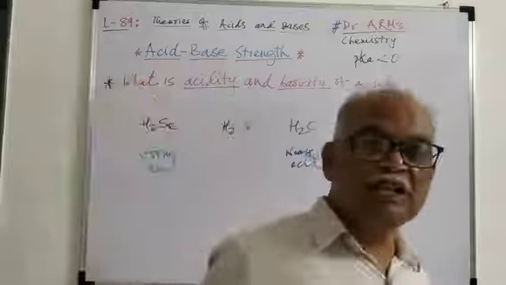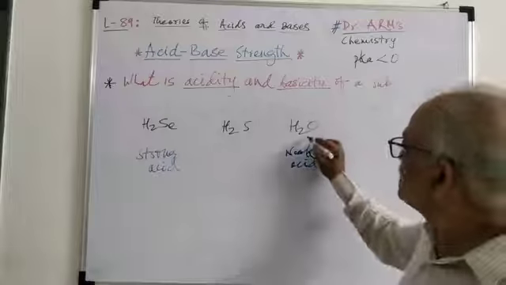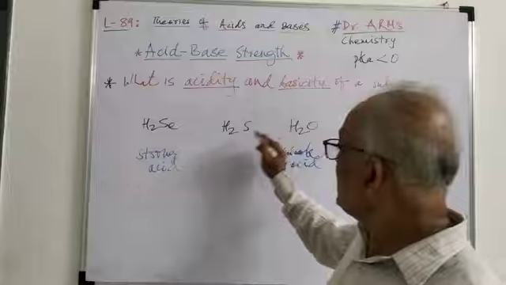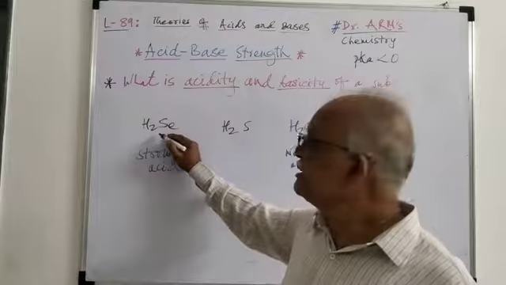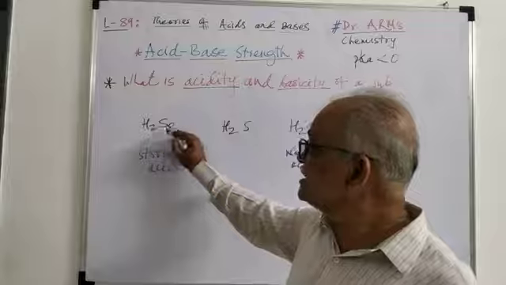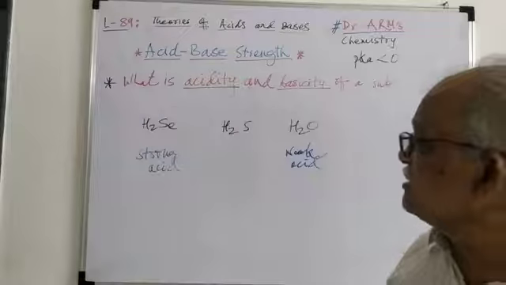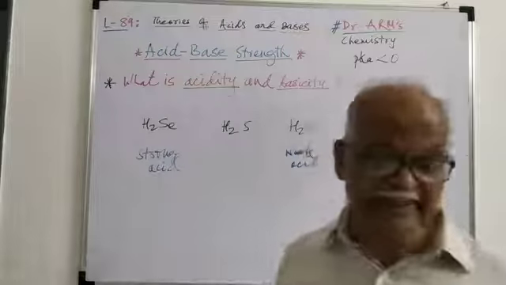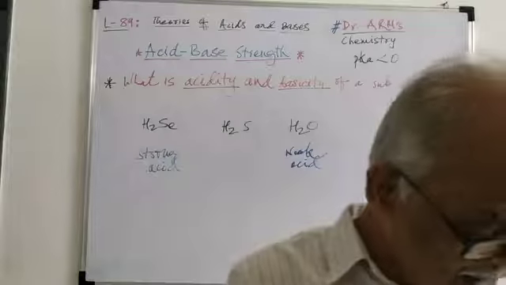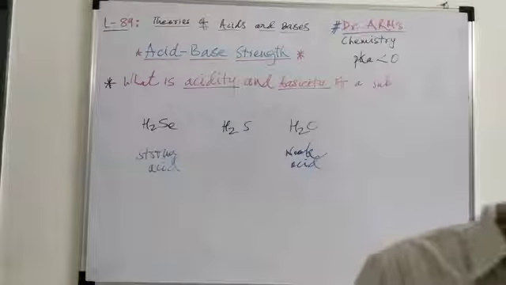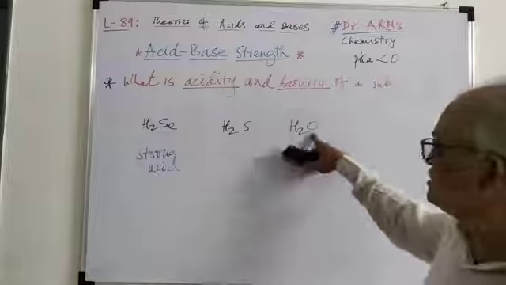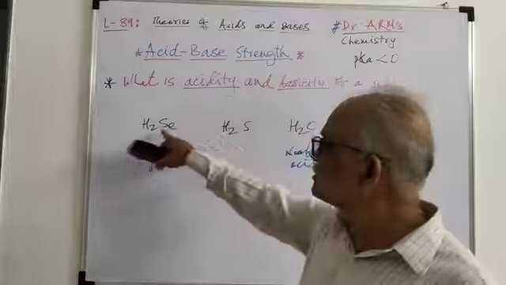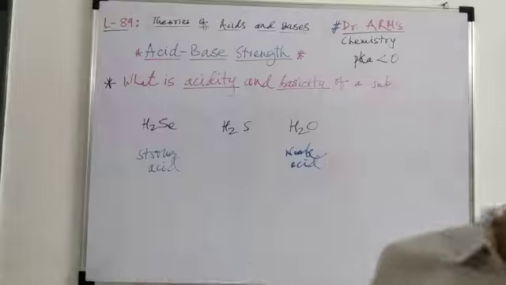This is because in the case of H2O the hydrogen bond is stronger, in H2S it is weaker, and in H2Se the bond is weakest, and therefore it is the strongest acid of these three. So we have the electronegativity as seen here: most electronegative, less, and least electronegative elements.